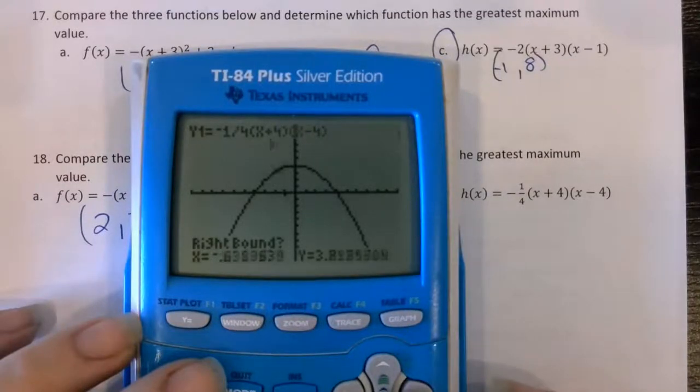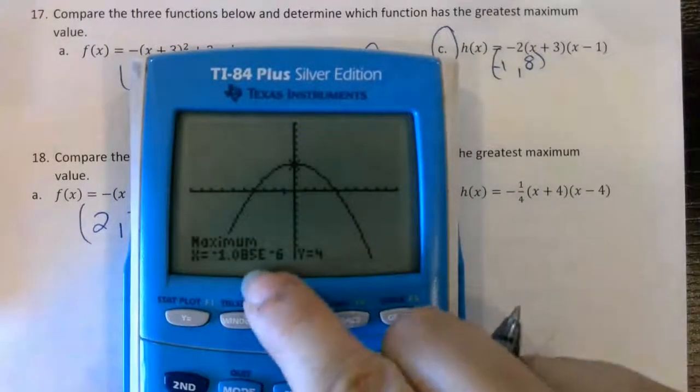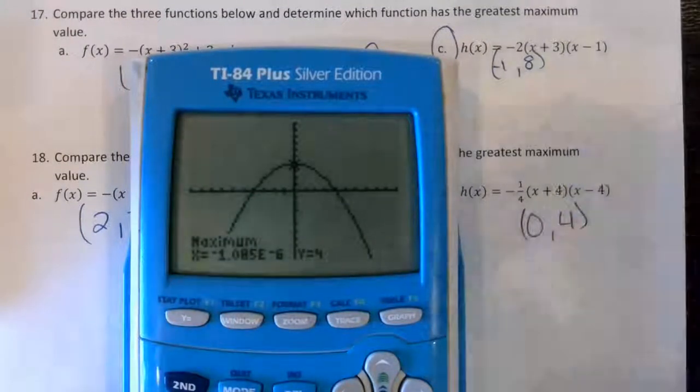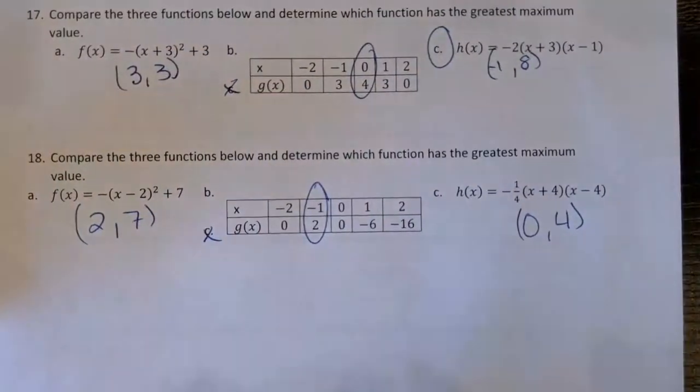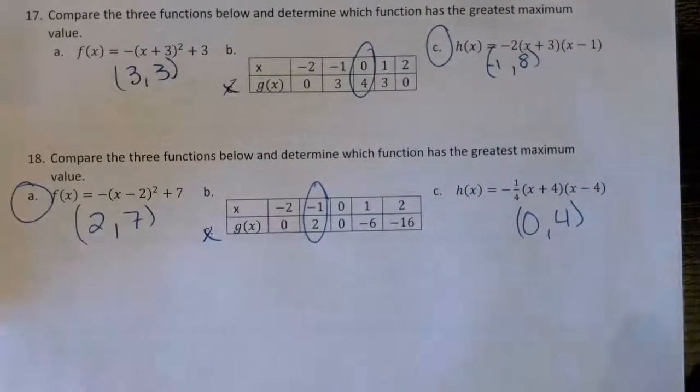Press enter on the left, move it to the right. Press enter twice. Remember, whenever E shows up, it really means 0. So I have this one at 0, 4. Looking at my 3 numbers, 7 is the largest, so A is my largest maximum value.